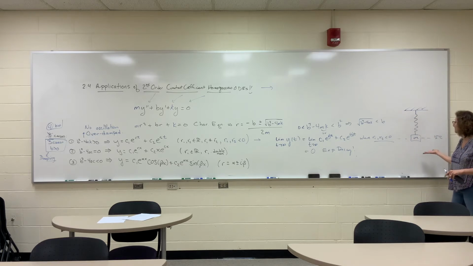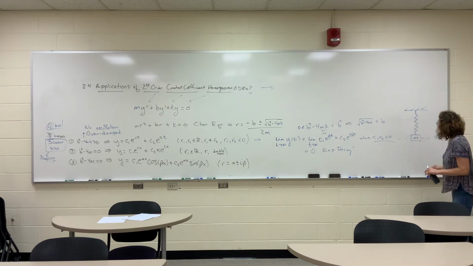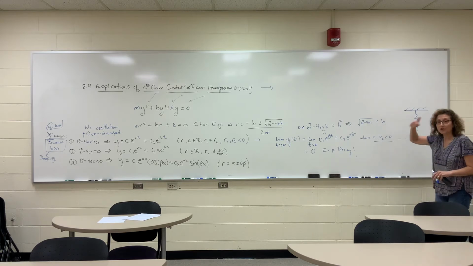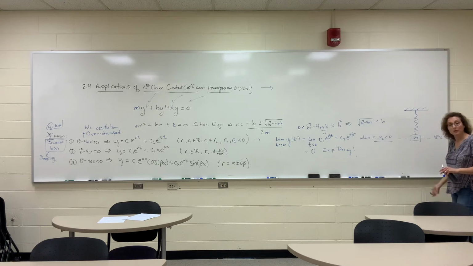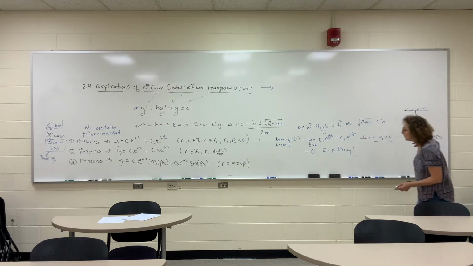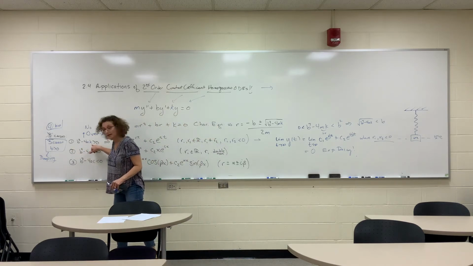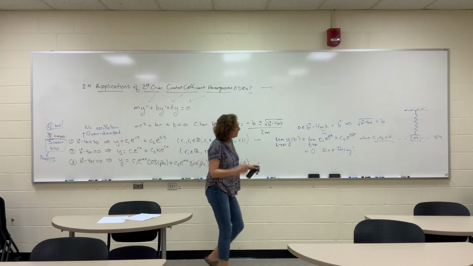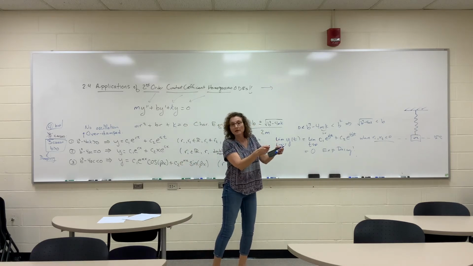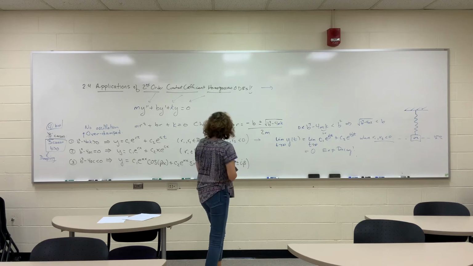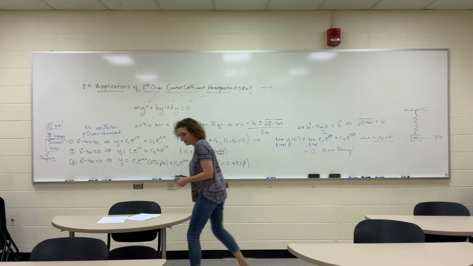Your other initial condition is you could hit it, giving it some initial velocity, or push it down. Your initial position and initial velocity are what start it moving, and then it does its thing until it gets back to equilibrium. In case 1, if you have this relationship between the coefficient of friction, the mass, and the spring constant, then you won't oscillate at all. You'll just go back very quickly to equilibrium. Does that make sense? That's called overdamped.